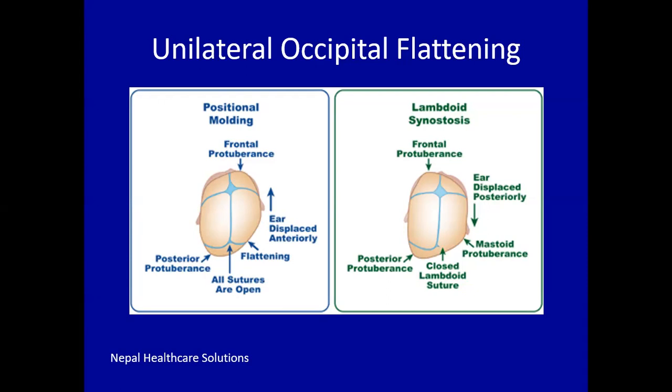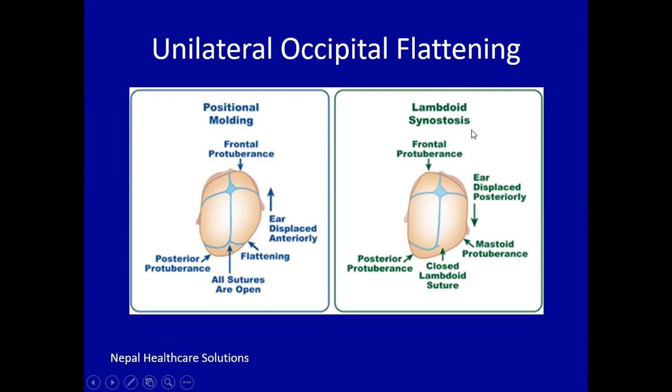So a stenosis is going to indicate that the suture line had closed abnormally early, whereas a positional molding is usually either due to musculature, comfort level, or some other positional abnormality that's causing the skull to malform. At any rate, we need to assess this because with positional molding, we're not as concerned. They can be placed in a helmet or monitored, or we can lay them on their other side.